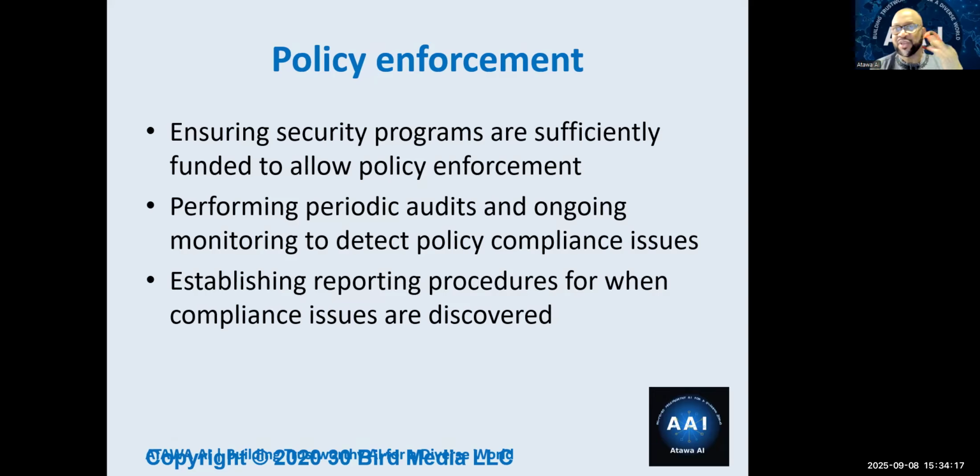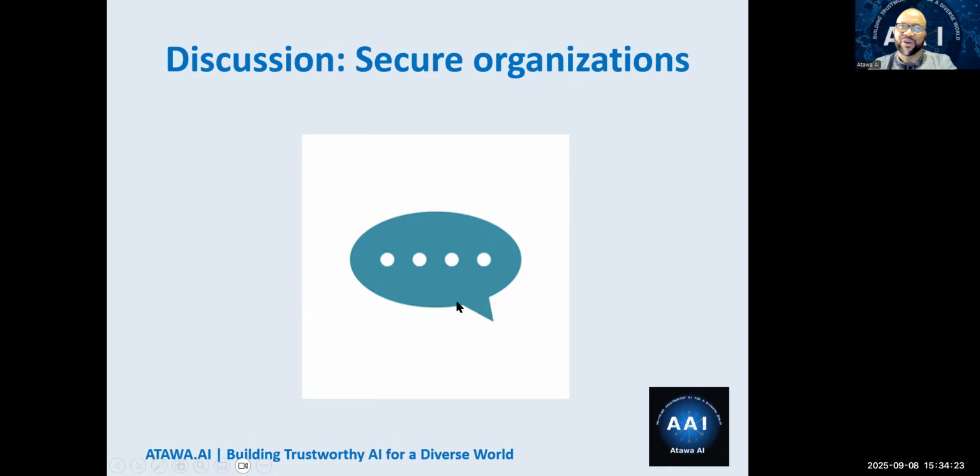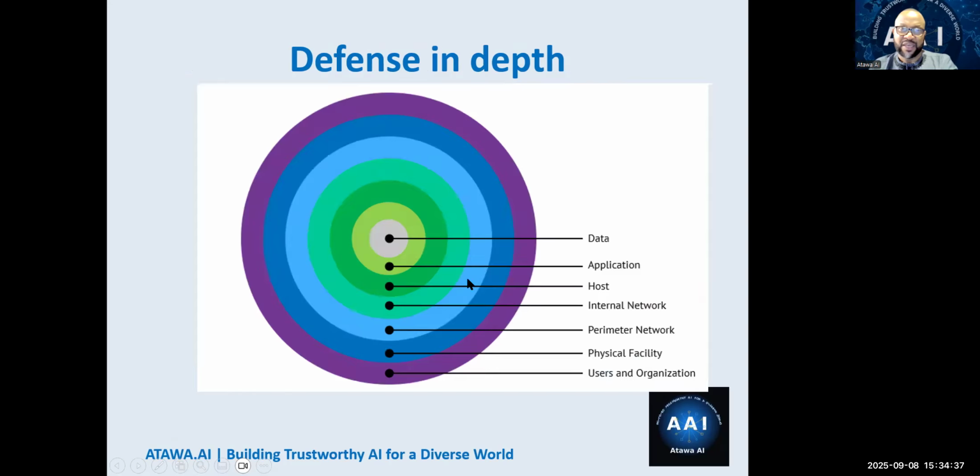You have to do periodic audits. You have a reporting procedure, right? To make sure that when a violation occurs, you are compliant. All right. So just understand that this discussion is about deciding who is ultimately responsible for a data breach in your organization. How do you decide that, right?